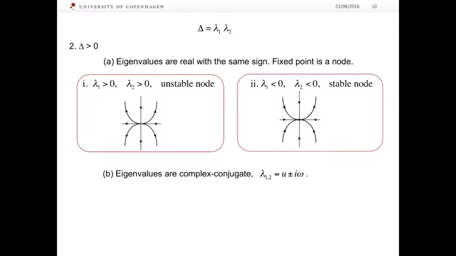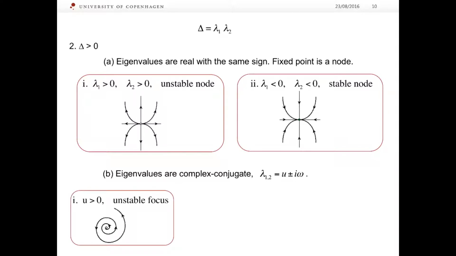Consider the second option for the determinant to be positive. It is possible for the eigenvalues to be complex and in particular complex conjugate, so they can be represented as real part u plus or minus i, the imaginary unit, times the imaginary part w. The first possibility is when u, the real part, is positive.